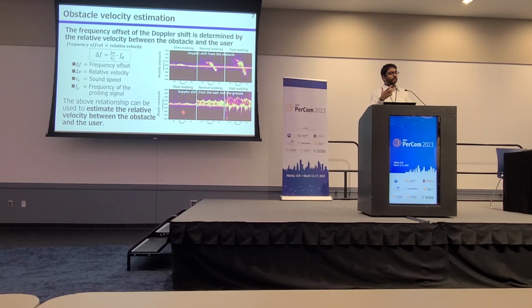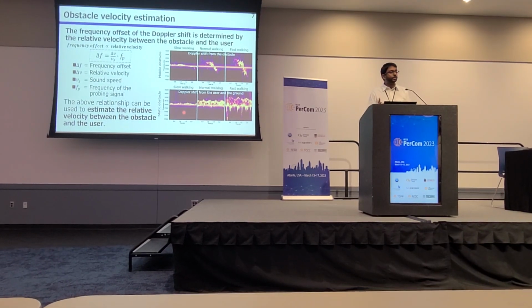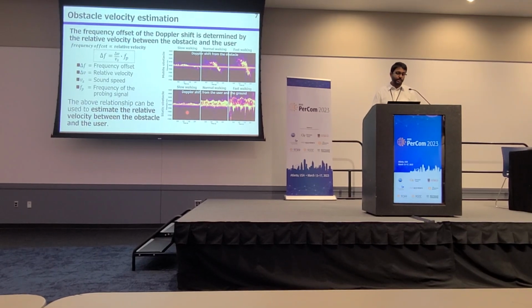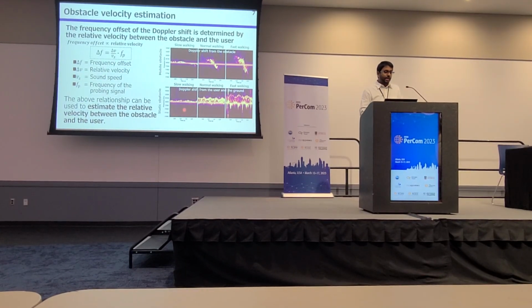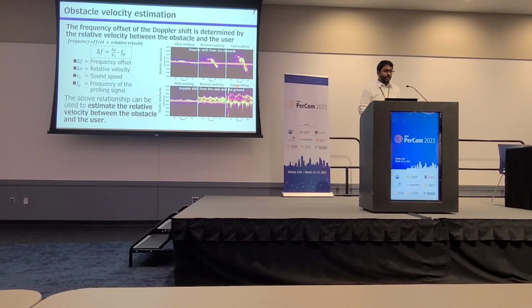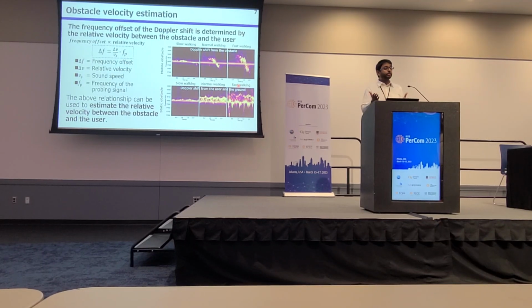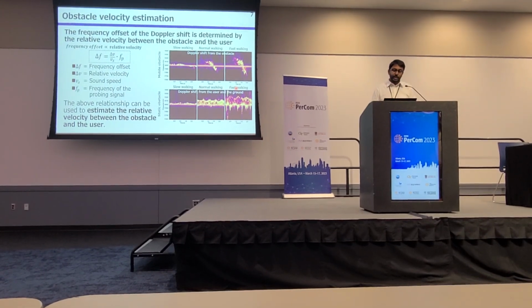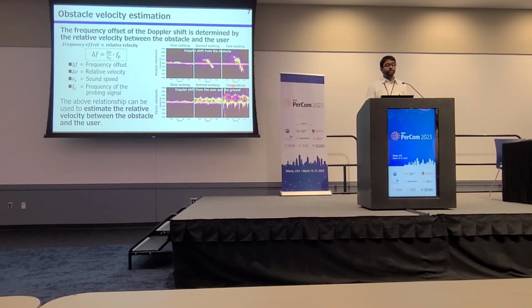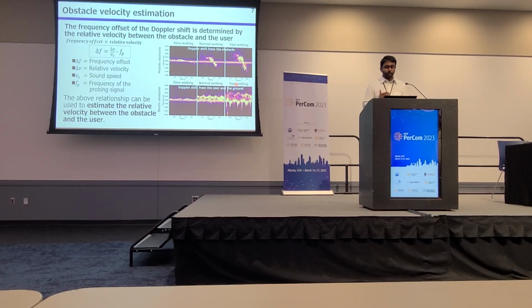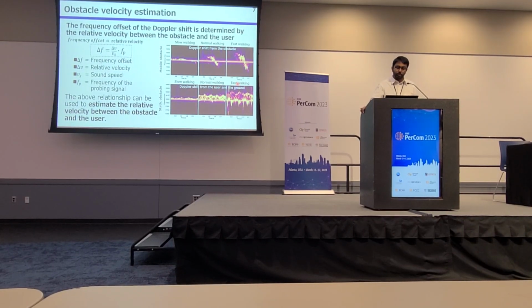Next, we will take a look at how we can use Doppler shifts to estimate relative velocity. In this case, similar to the above scenario, we emit a sine wave from the smartphone, and when an obstacle moves relative to the smartphone, it creates a Doppler shift, and the frequency offset of these created Doppler shifts is directly proportional to the relative velocity of the obstacle.